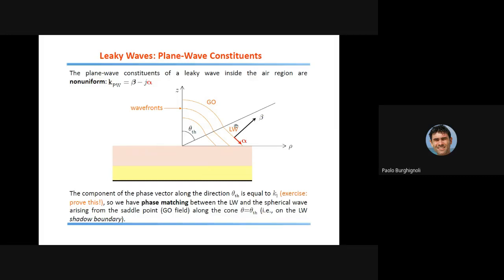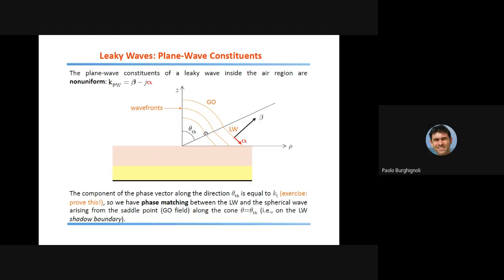It is easy to prove, and that's an exercise for you, that also for leaky waves, there is phase matching at the interface, which is the shadow boundary of the leaky wave. Inside the region of existence of the leaky wave, you have rectilinear wavefronts in this cross-section, and so conical wavefronts if you rotate everything around the z-axis.